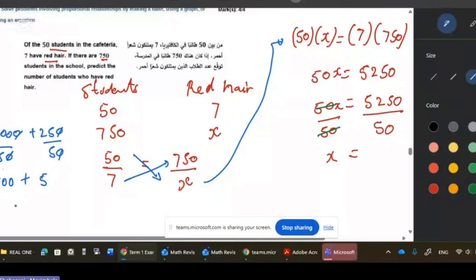So 100 plus 5 will give us 105, and your answer will be 105.